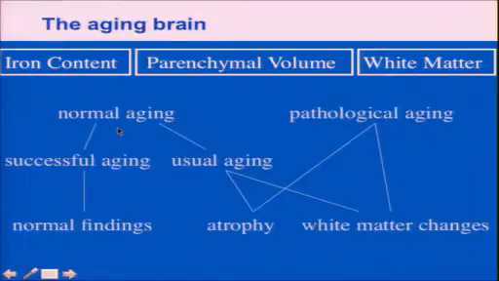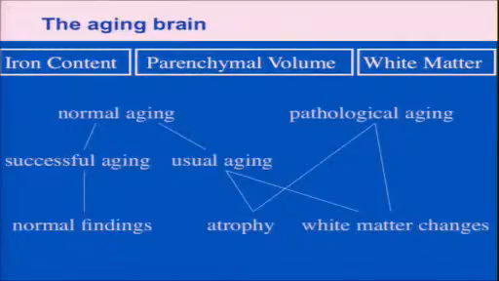Okay, looking at the scenario of aging. From a clinical standpoint, and also from an imaging standpoint, it's important to differentiate between atrophy and normal findings and correlate that with normal aging or pathologic aging. So if we have a normal aging, we of course do see some white matter changes.